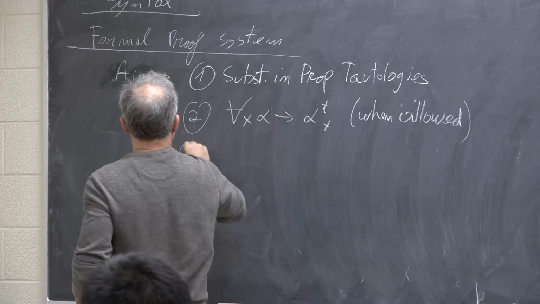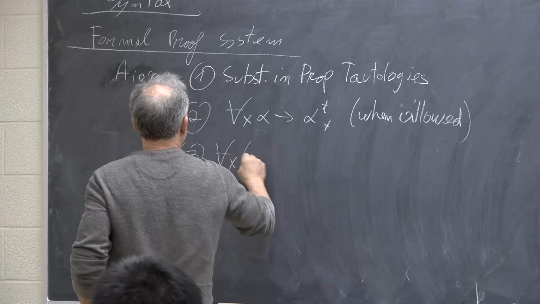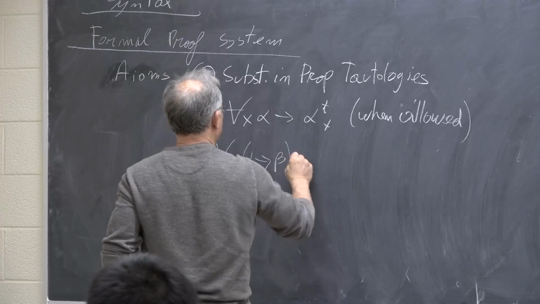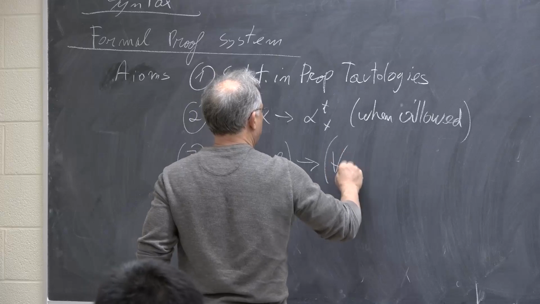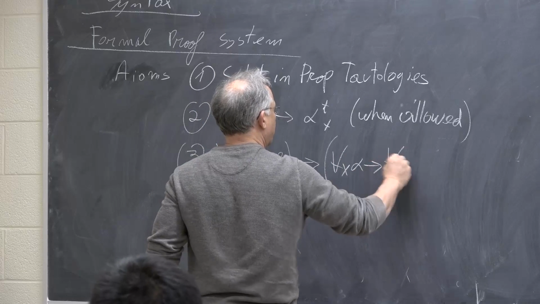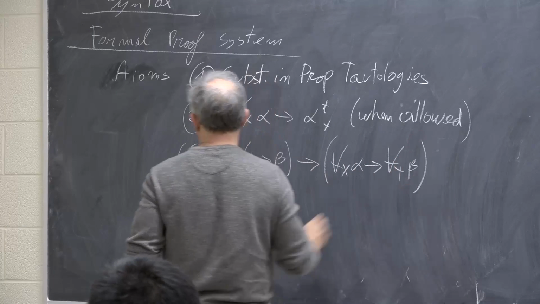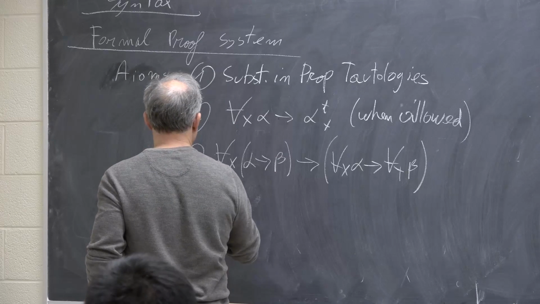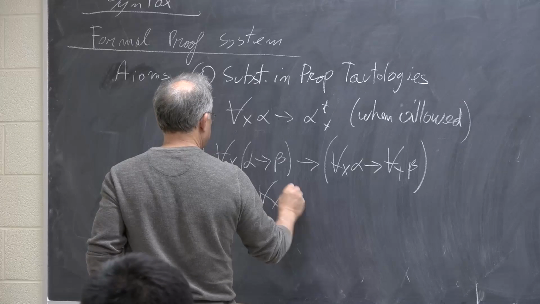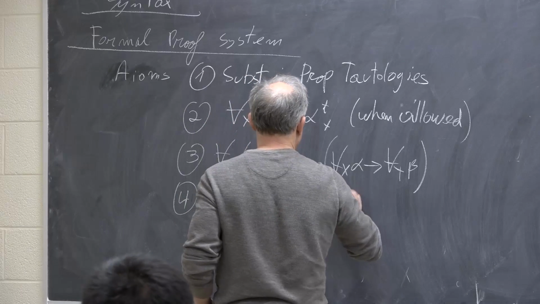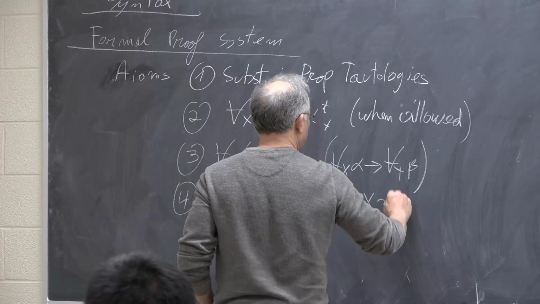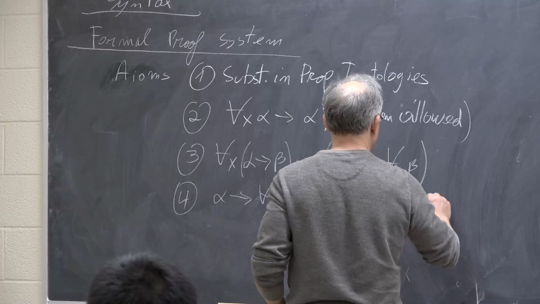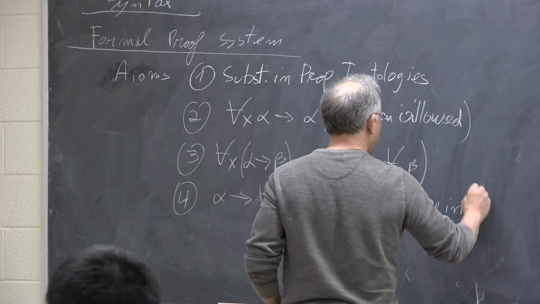Three was for all x, alpha arrows beta, arrows, for all x alpha arrows for all x beta. Four was alpha arrows for all x alpha, when x is not free in alpha.